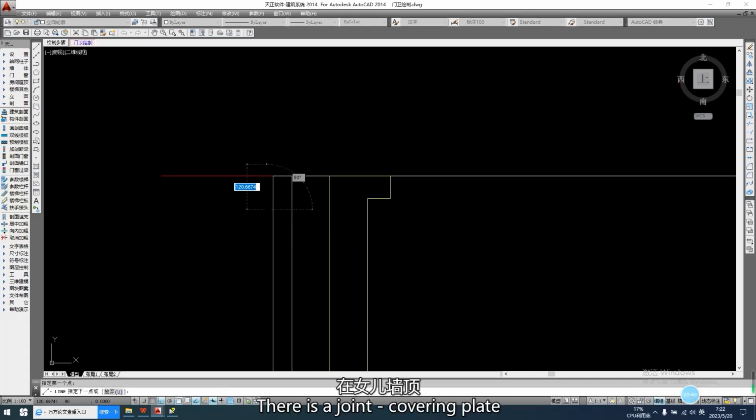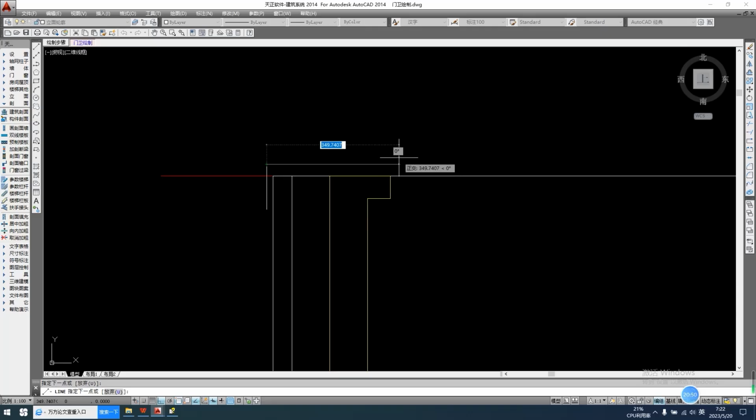There is a joint covering plate on top of the parapet wall.